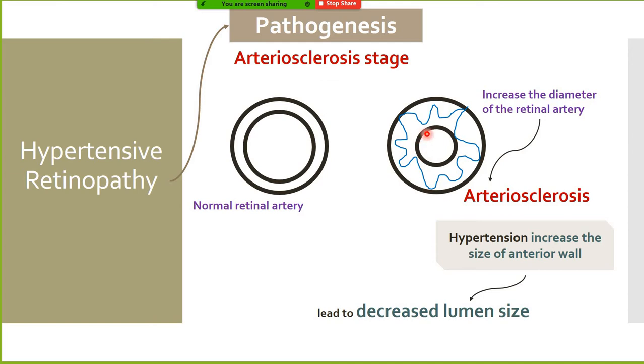Whenever there is a thickening, it is going to decrease the inner diameter, while the overall diameter of the arteries will also increase. The lumen is the hole inside, so there is a decrease in the lumen size. This is how the blood pressure is increasing. So what will happen when there is an increase in the outer diameter?